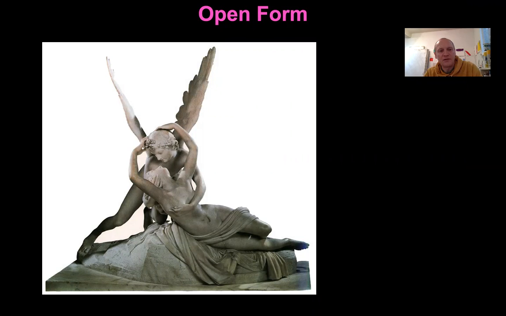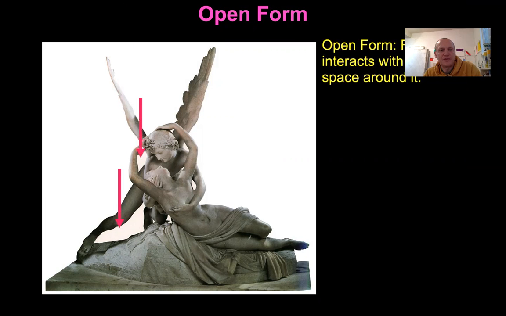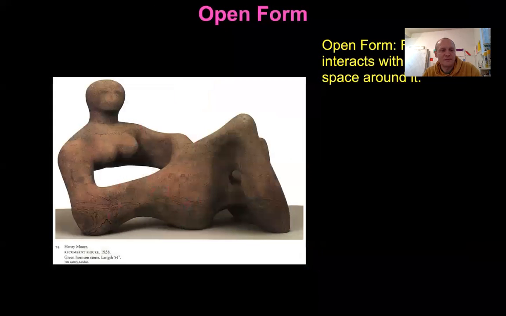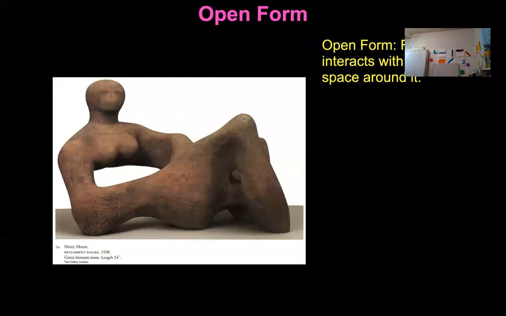And we can see all of the sort of holes happening here in this interaction with the positive and negative space. See all of these little areas where there are holes in the design. And this one, very open form.